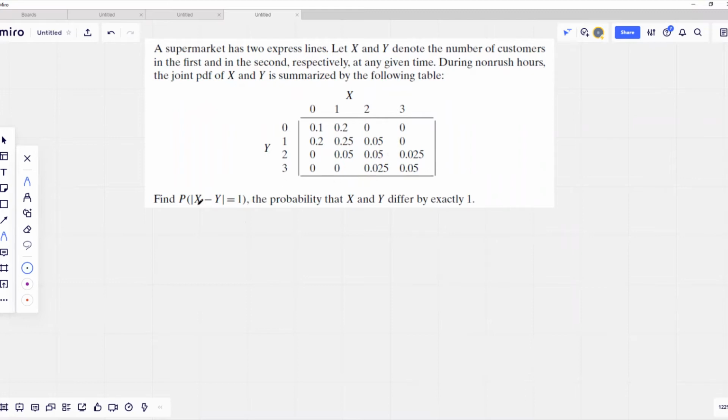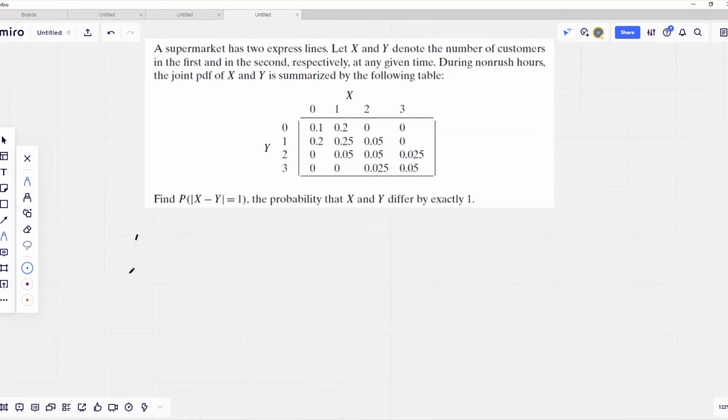Let's find the probability that the number of customers in those two lines differs by exactly 1. For instance, if I'm looking for the probability that we have 2 customers in the first line and 2 customers in the second line, then that probability is equal to 5%.